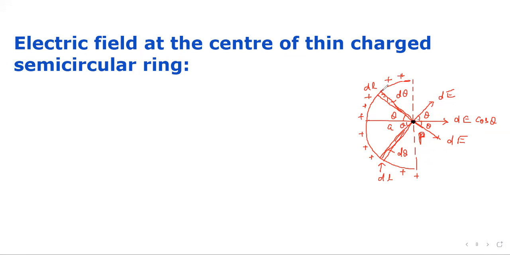We consider small length element dl making angle d theta. So dl equal to a d theta, arc upon radius equal to angle. Here arc is dl, radius is a, and angle is d theta.